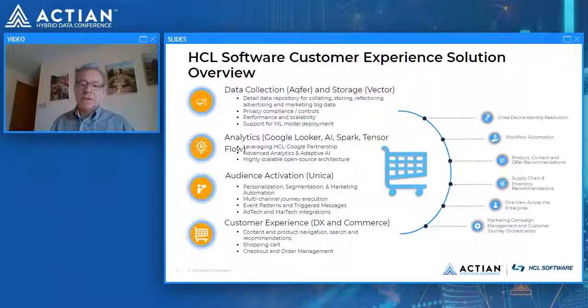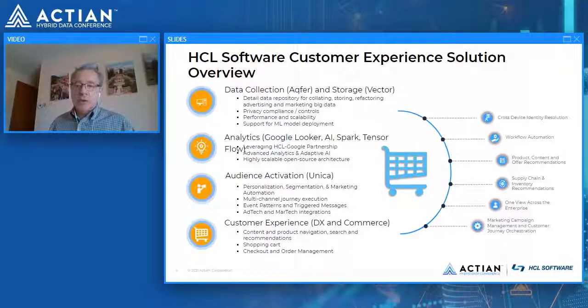Google Looker with its BI tools, Spark computing, and the TensorFlow library would allow us to implement machine learning algorithms and extract actionable insights from the data. Audience activation will be the responsibility of Unica.